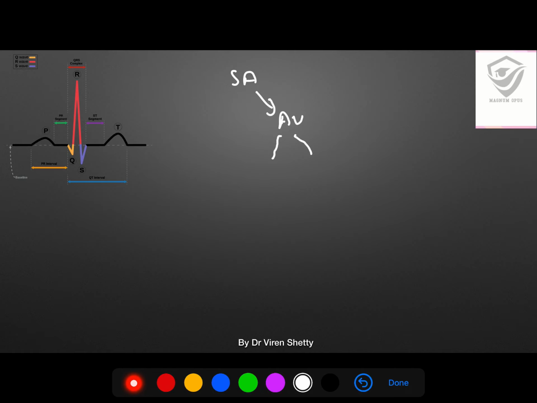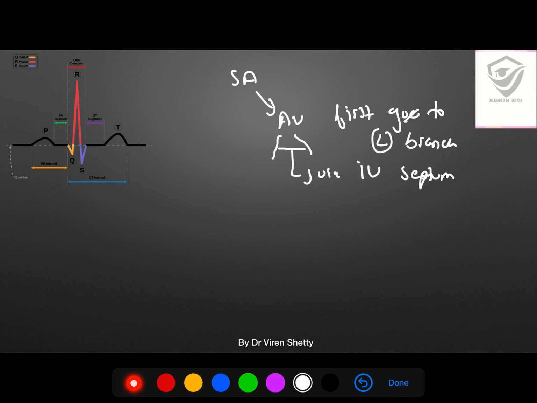But from the AV node the impulse first goes to the left branch, and then via the interventricular septum, it goes to the right branch. So now we'll follow the impulse. Impulse generated in the SA node, then it went to the AV node, then it went to the left branch first.